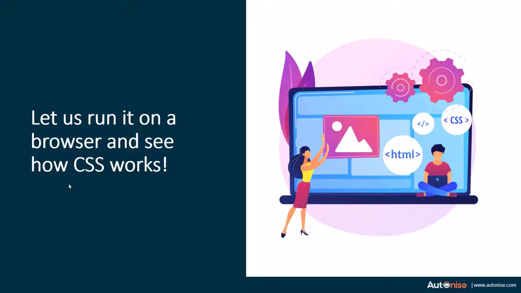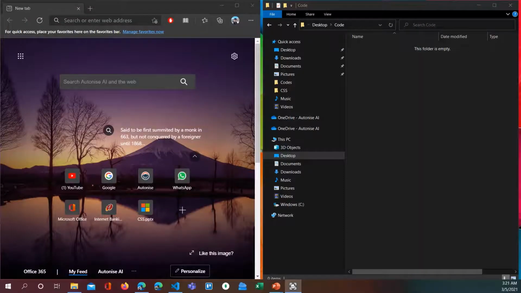So let us run all of the code which we saw earlier on a browser and understand how CSS works. So let us start understanding CSS by writing our own code. First, we need to create a basic HTML file.